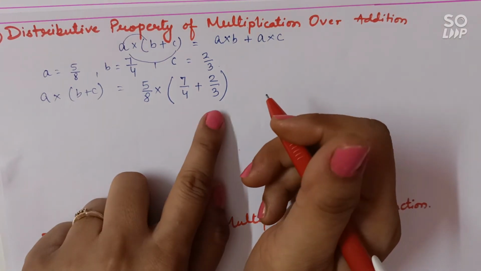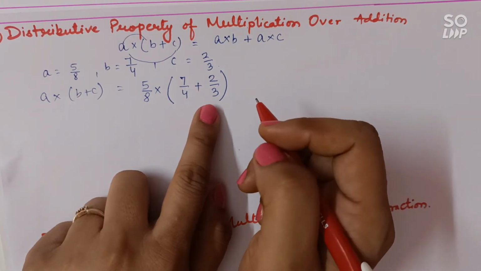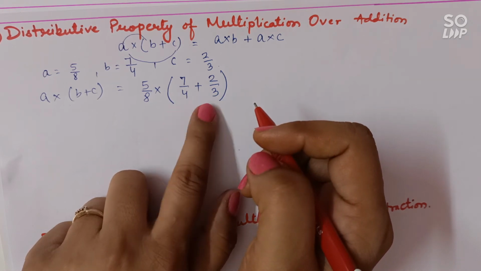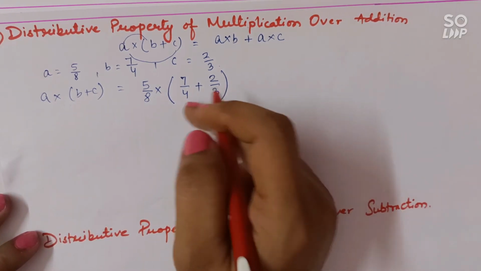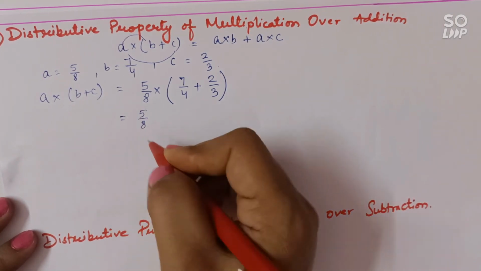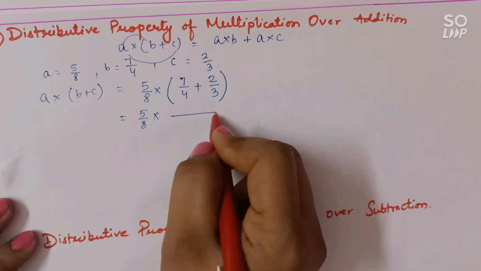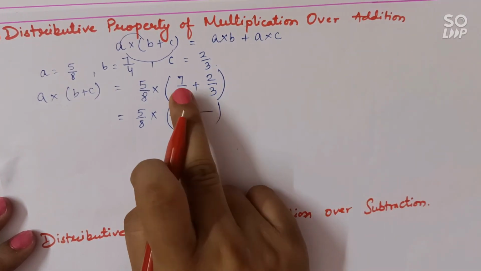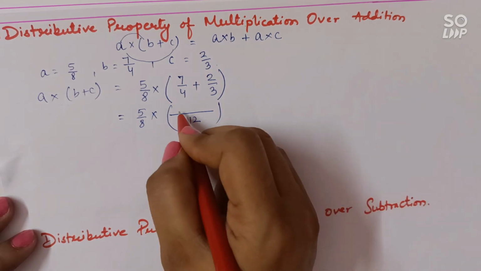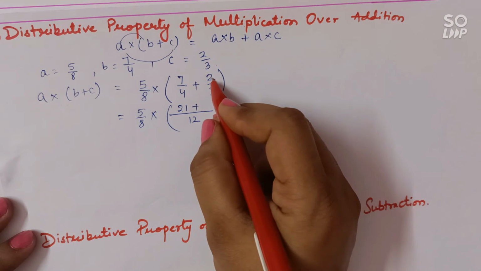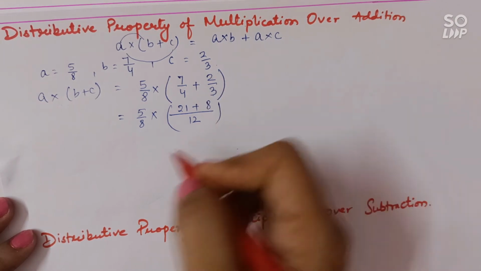Now as the denominators are different, we'll have to take out the LCM, and as they are co-prime numbers, we can simply multiply them. 4 3s are 12. So the LCM is 12 over here. So 5 by 8 multiplied by, here 4 3s are 12, so 7 3s are 21. 3 4s are 12, so 2 4s are 8.